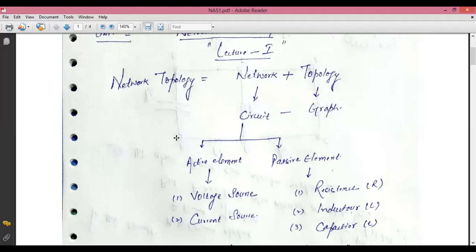Okay. Now I will give you a fun live example. At this time I am taking your class, so I am the active element that uses my energy to teach you. On the other hand, you are the passive elements because you are taking my energy to read out what I have taught you.